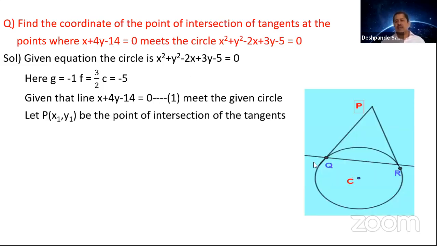From this point Q and from this point R, wherever they are meeting, you are drawing tangents. These tangents are meeting at a point. What is the point? P. So you are going to find this value of P. So let P(x1, y1) be the point of intersection of the tangents.